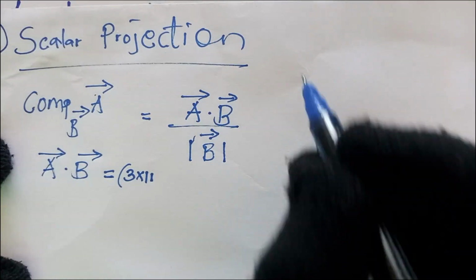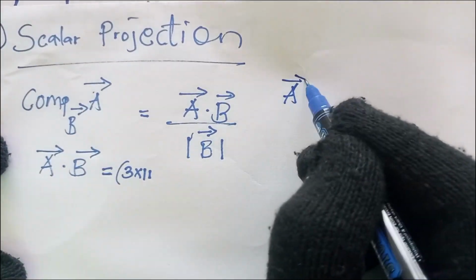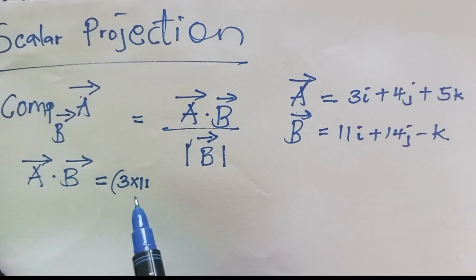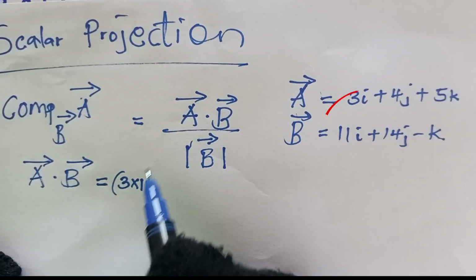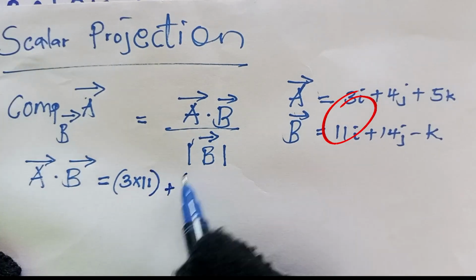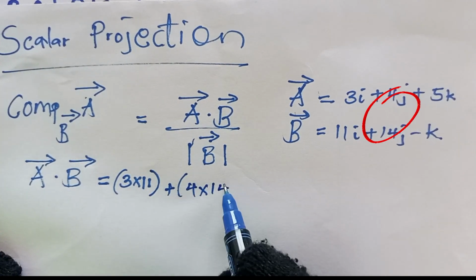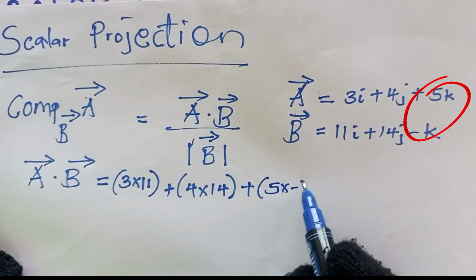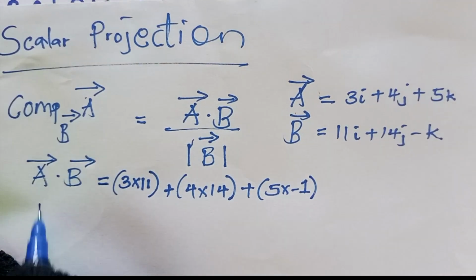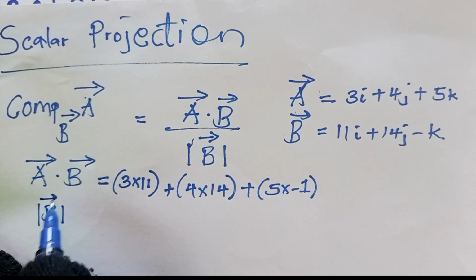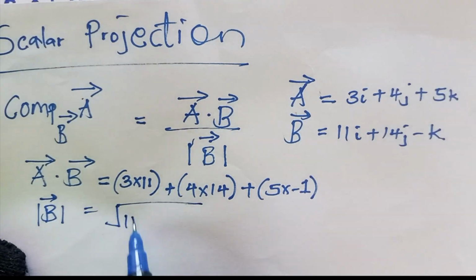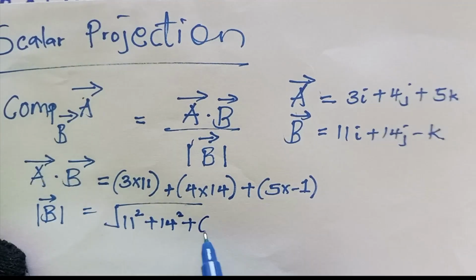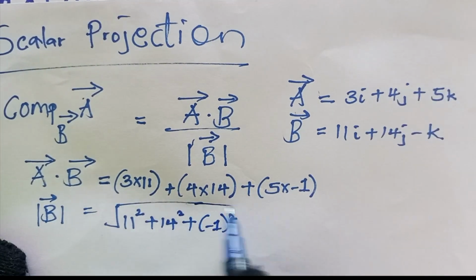Okay, let me just write them here. Vector A and vector B. A dot B is 3 times 11 plus 4 times 14 plus 5 times negative 1. And the magnitude of B is the square root of 11 squared plus 14 squared plus negative 1 squared.